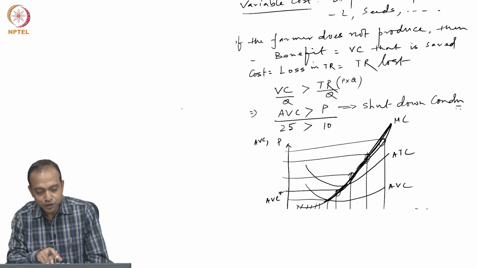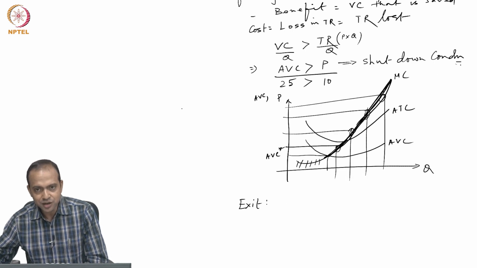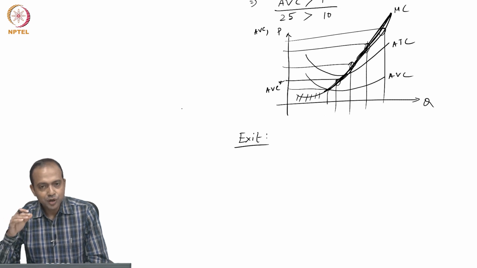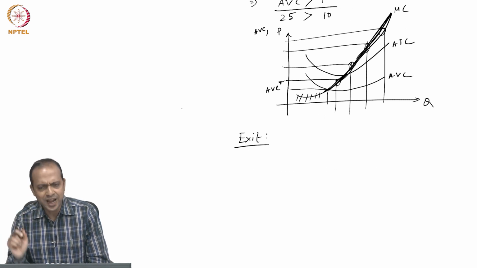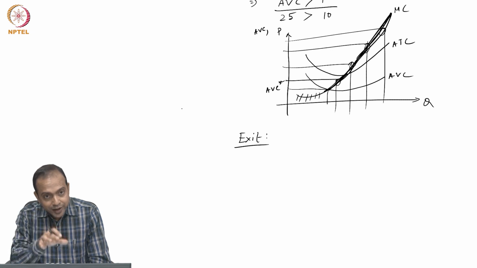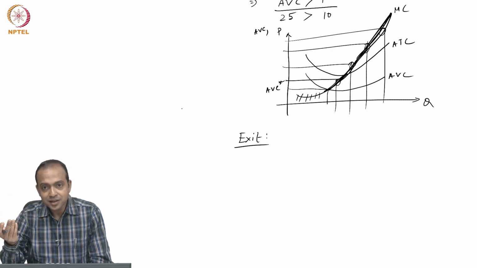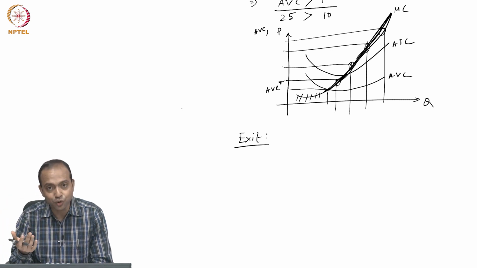Why variable cost? Because fixed cost we are not able to control in the short run. Now, in the long run, the farmer is able to even sell the land also. So, the fixed cost, the rent of land which was sunk or fixed in the short run is no longer fixed in the long run. Now, everything is under the farmer's control.